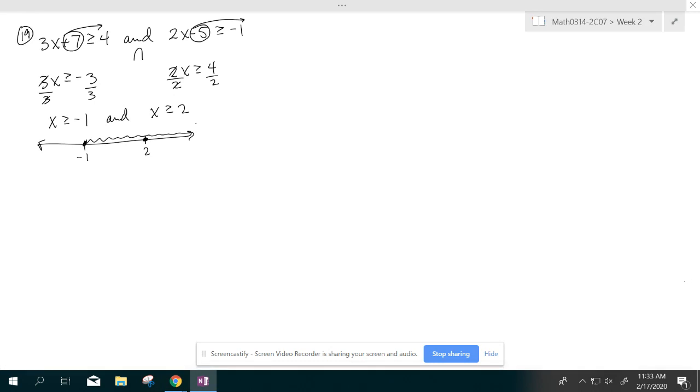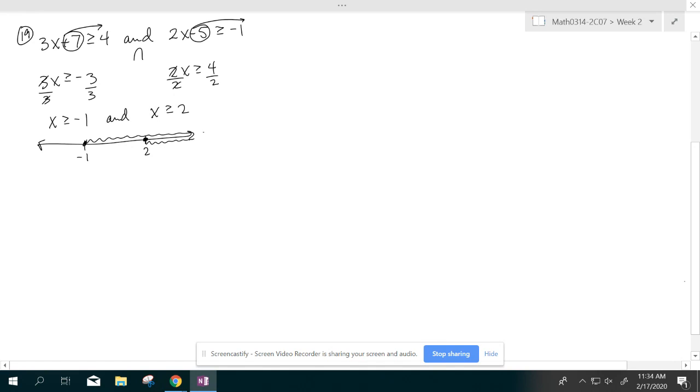From +2, we're going to shade to the right because it also points to the right. And it's going to shade all the way off the edge of the number line. Does anybody have any questions at this point? Anybody? Do you understand once you get your solutions, that tells you your critical points and which way to shade them?